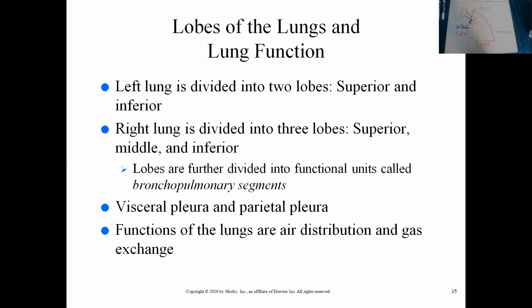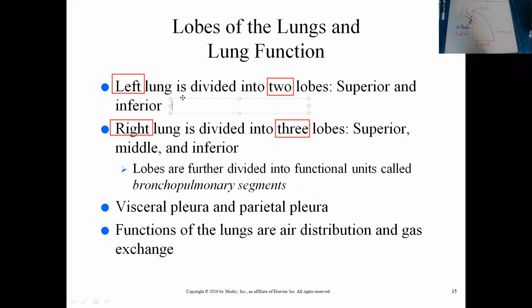Now for the lungs, they're divided up into some segments. So they're divided into lobes. The left lung has 2 lobes. Right lung has 3 lobes. So 2 segments on left, 3 on right.